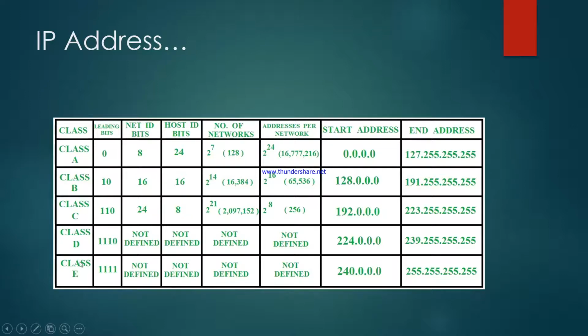Class D and class E, as we discussed earlier, are reserved classes. So the number of networks in class D and class E is not defined.